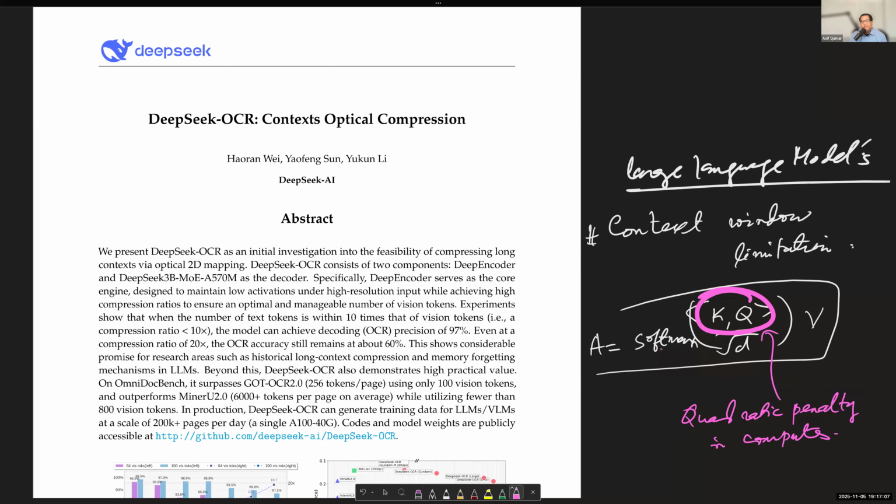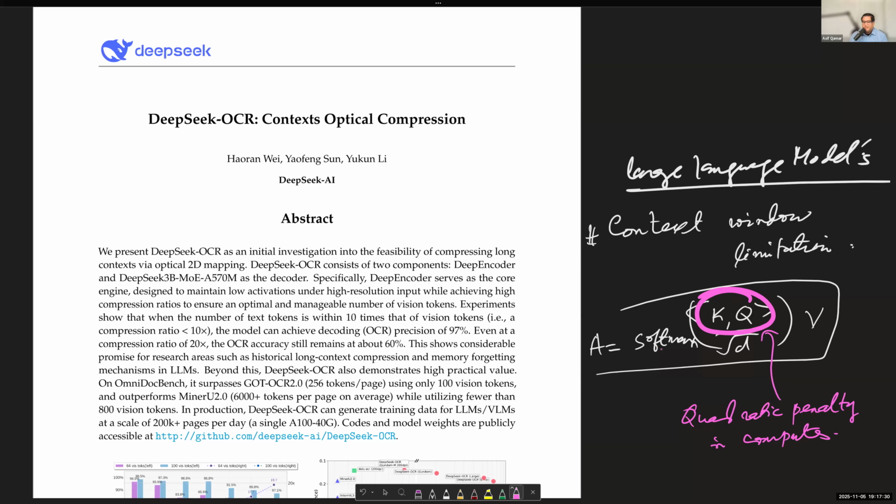For example, if you increase the token length by a factor of 10, the compute increases by a factor of 100. It goes quadratically, and that has always been a problem. It increases latency, it increases compute costs, and so on. So this paper addresses that as the core issue.